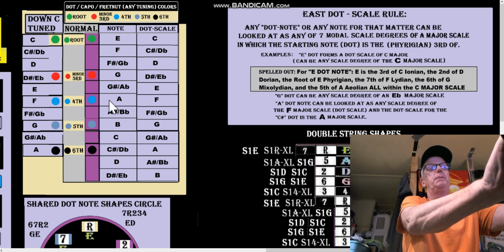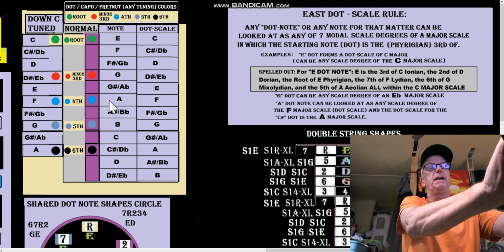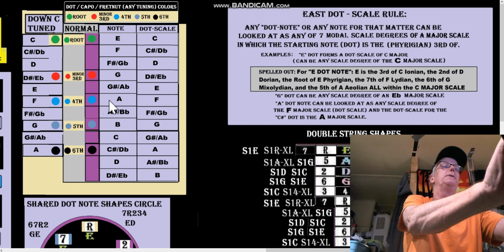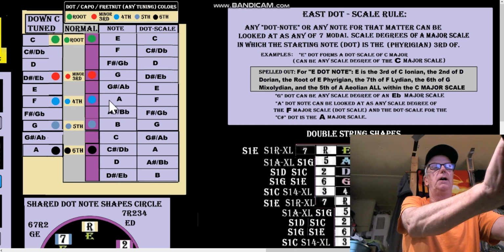That's a hard one, but that's true. A is to C, A is the 6th of C. And with D, A is the 5th of D. A is the 4th of E. A is the 3rd of F.